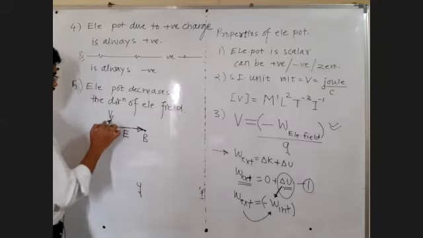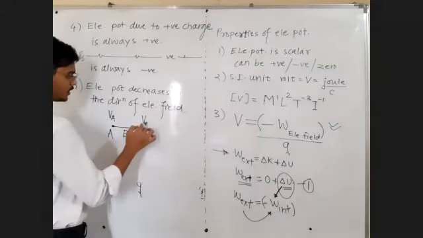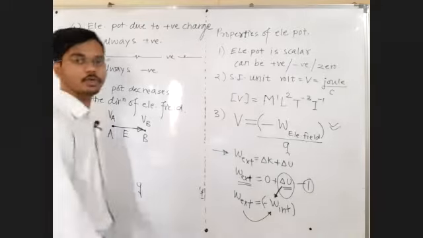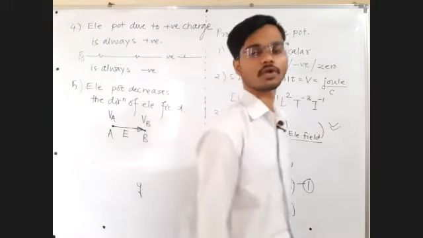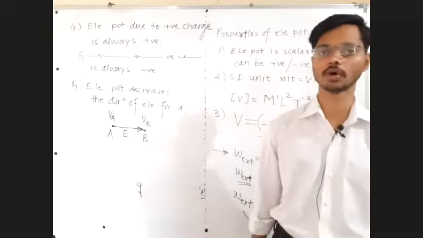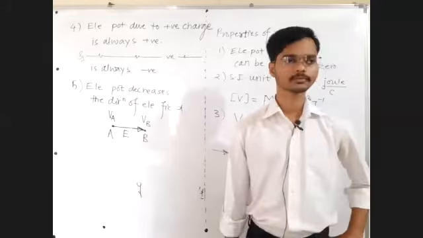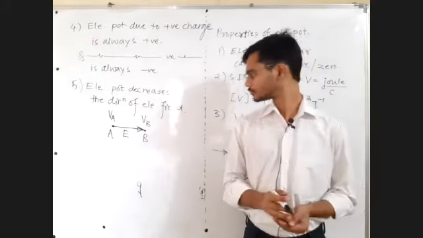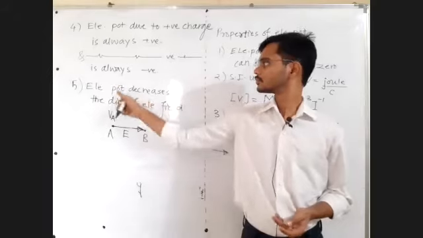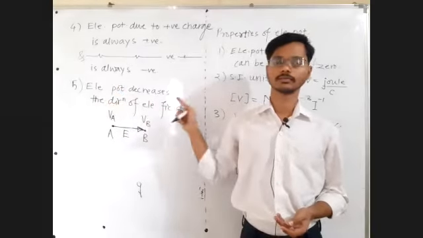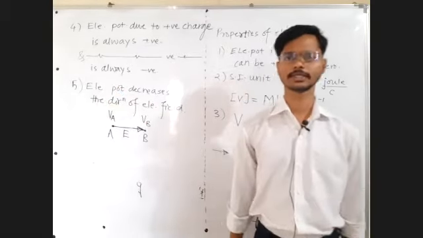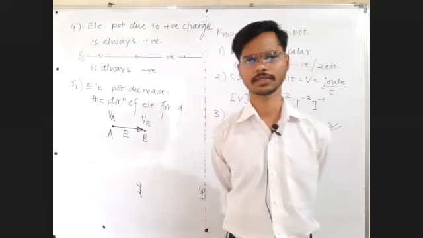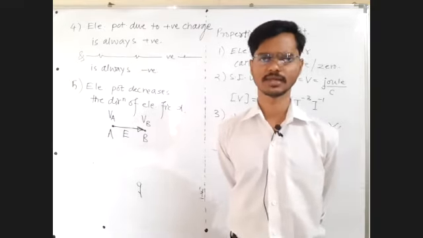Potential at point A is VA. Potential at point B is VB. Now tell me which potential is higher? VA is higher or VB is higher? A or B?